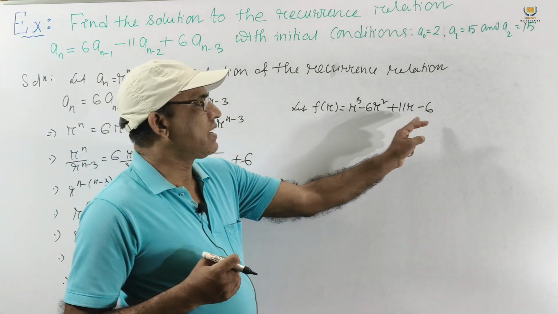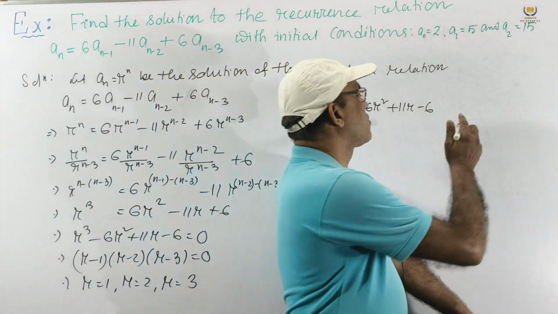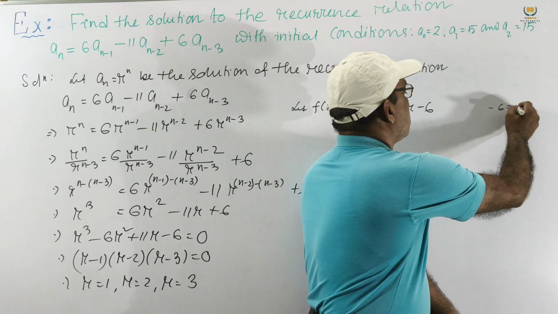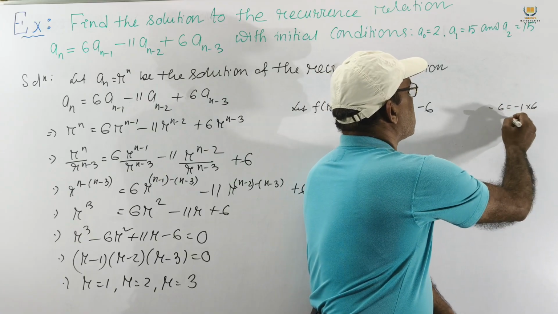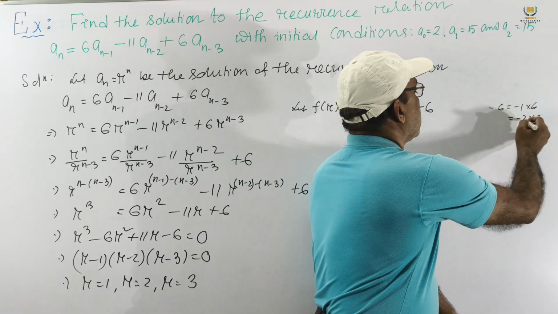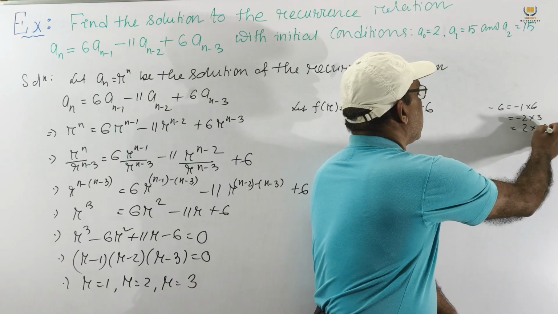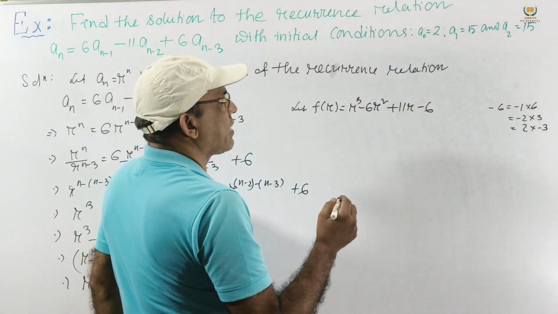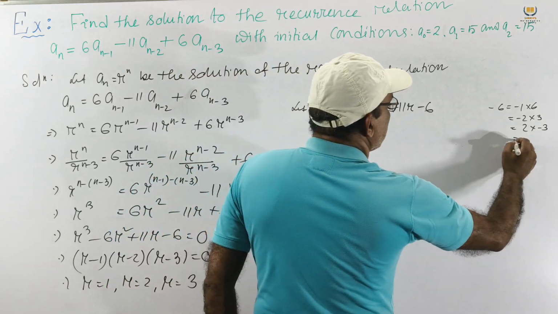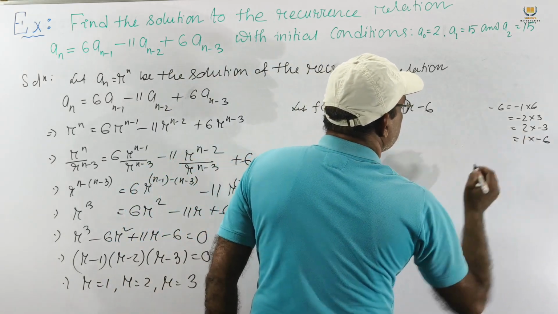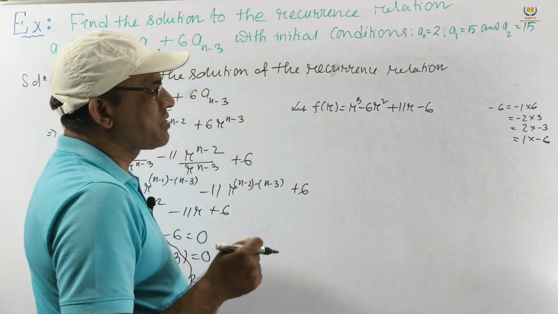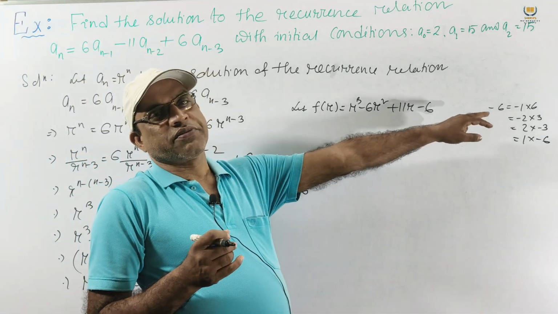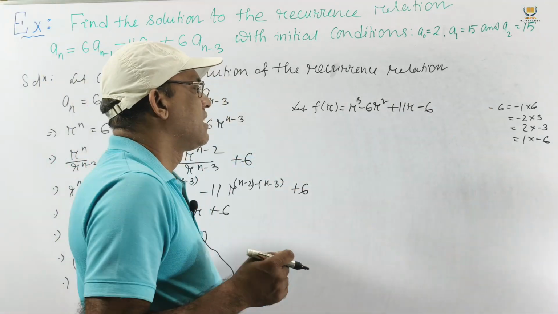The rule is that the last term is minus 6, so minus 6 equals minus 1 into 6, minus 2 into 3, 2 into minus 3, or 1 into minus 6. These are the factors. We put these values one by one, and ultimately we get 0.